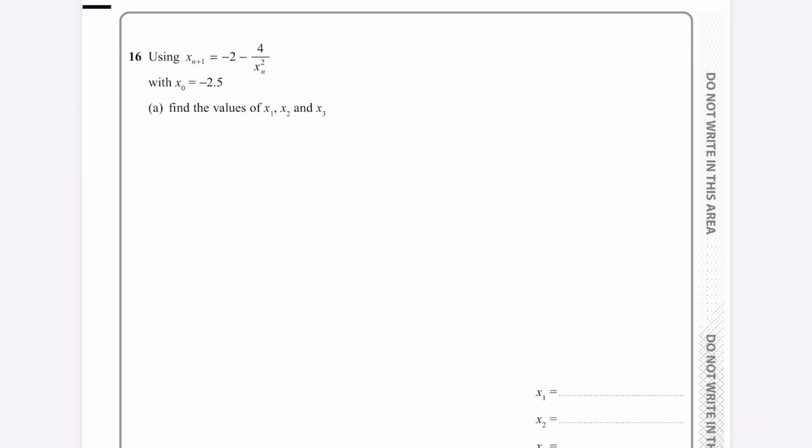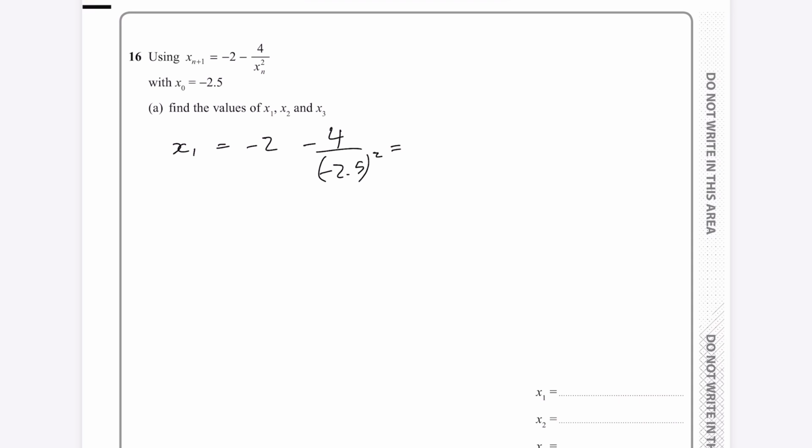With the next question, it says, using x n plus 1 equals minus 2 minus 4 over x squared n, with x0 equal to minus 2.5, find the values of x1, x2 and x3. They've told us what x0 is. So x1 is going to be minus 2 minus 4 over minus 2.5 squared.